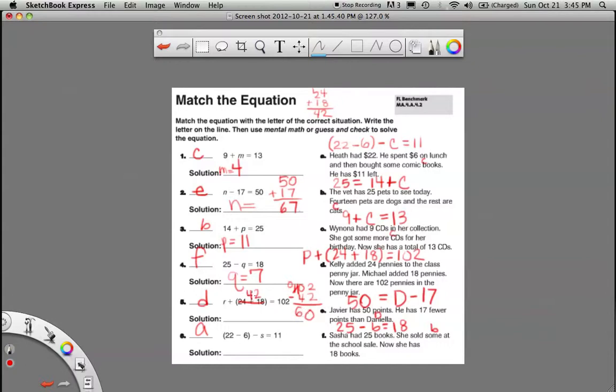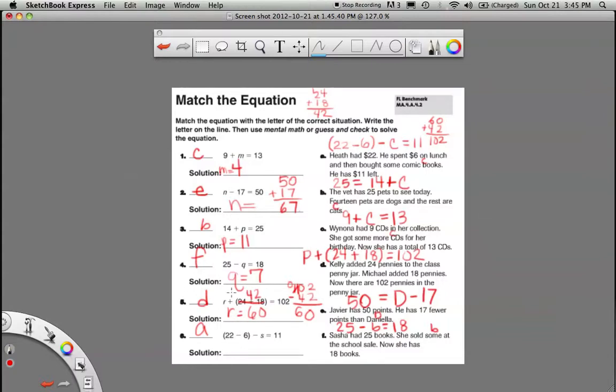So now if I add 60 and 42, it should equal 102. Let's see. 60 plus 42. Do our ones first. That's 2. 6 plus 4 is 10. Yep, it gave me 102. So R equals 60.